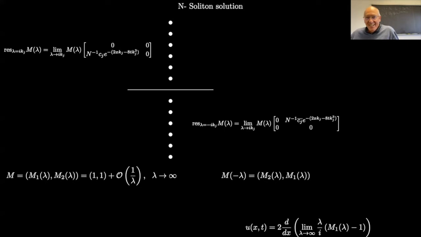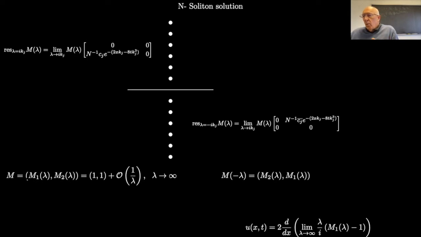Here is a meromorphic Riemann-Hilbert problem for an unknown M, and it has poles. This time I've chosen it a little bit differently. It's got poles in the first entry at all of these locations in the upper half plane, and poles in the second entry at all of these locations in the lower half plane. And the residue conditions are given as described on this slide.